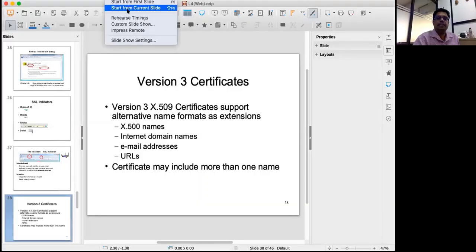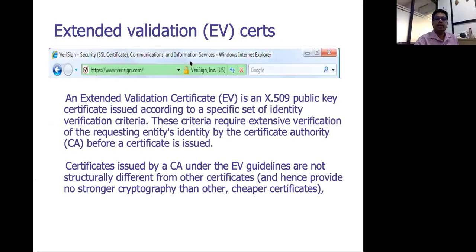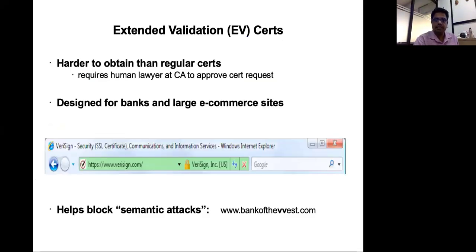At present, the version of the public key certificate you are using is the X509 public key certificate version 3. In addition to that, there is another version called Extended Validation public key certificates, or EV public key certificates. Technically, the X509 format and the EV format are similar, but there is a legal difference.